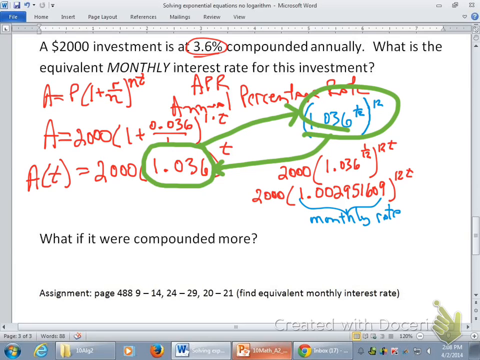Now, it's over 1, so what is the actual monthly rate? Move the decimal 2, it's going to be 0.2951609, blah, blah, blah percent, right? So a little bit less than 0.3%. That's my monthly rate, okay? And we're going to go to the calculator. I'm going to show you that those two things are going to equal the same.